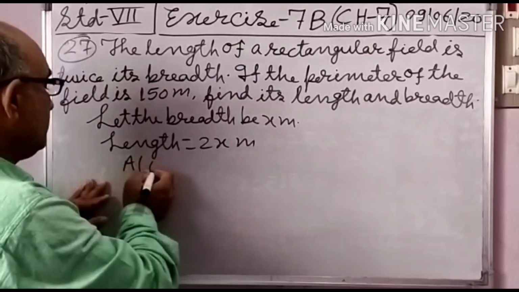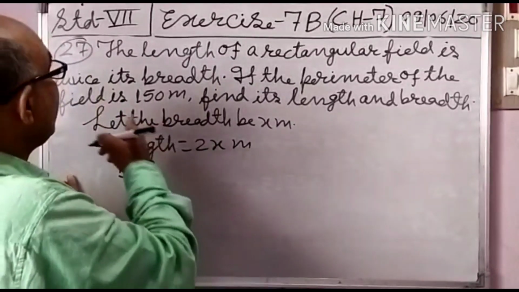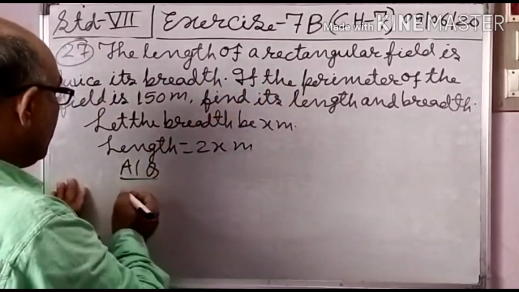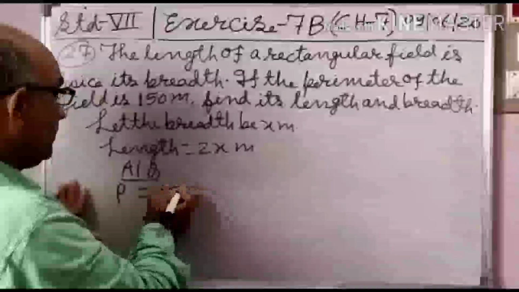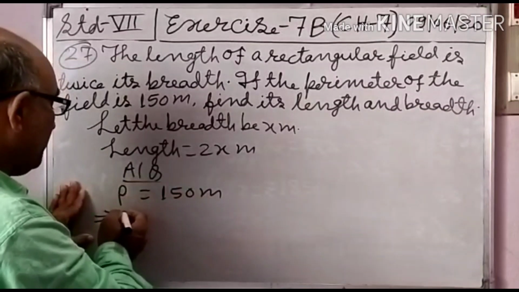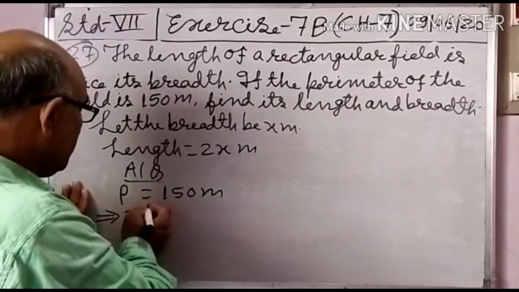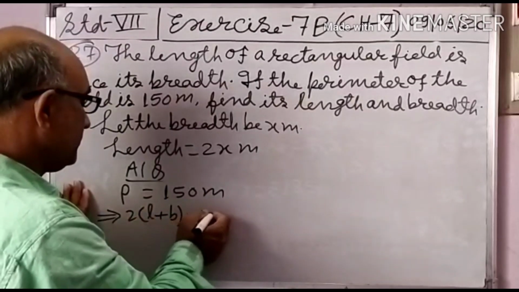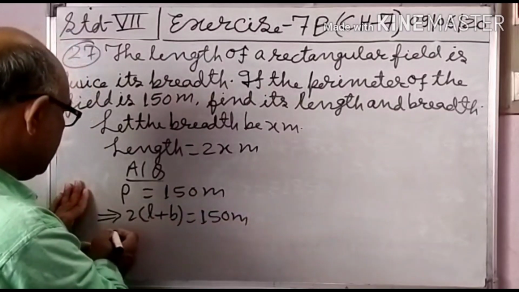According to the question, if the perimeter of the field is 150 meter, so P equal to 150 meter. The formula of perimeter of a rectangle is 2 into L plus B equal to 150 meter.